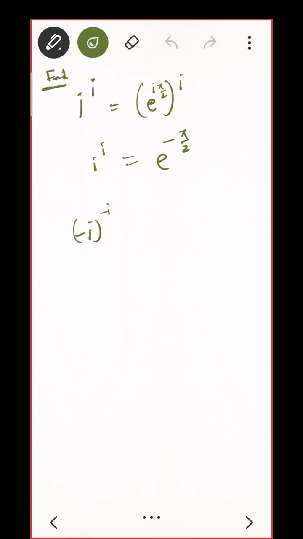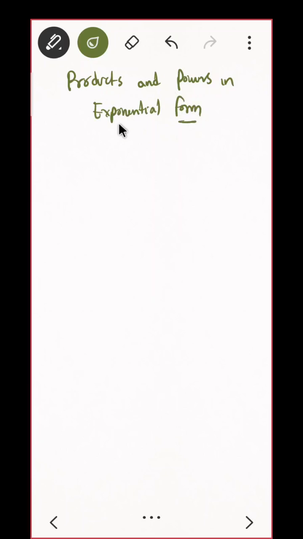Okay. Now let us see products and powers in exponential form. That is quite easy.